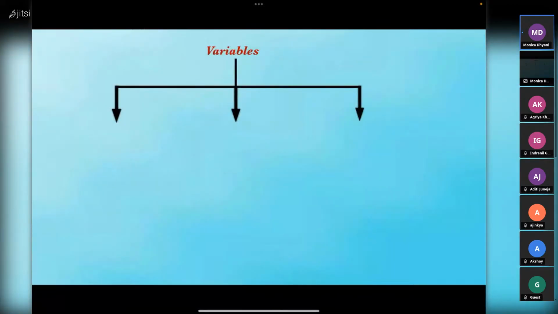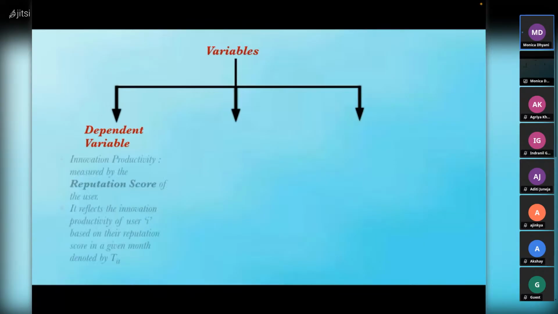Now let's see what variables are there. I have the dependent variable that reflects the innovation productivity. It has been denoted by Tit, where Tit is the reputation score of user i at time t, and t is the month here.